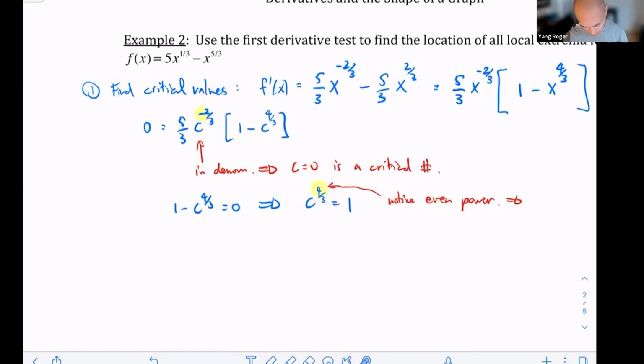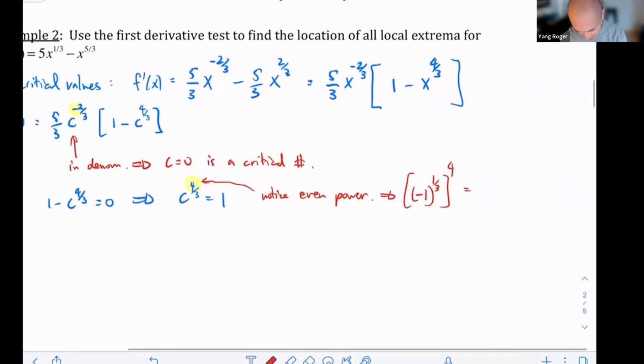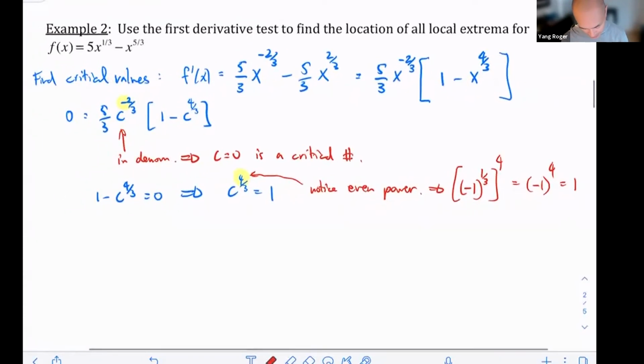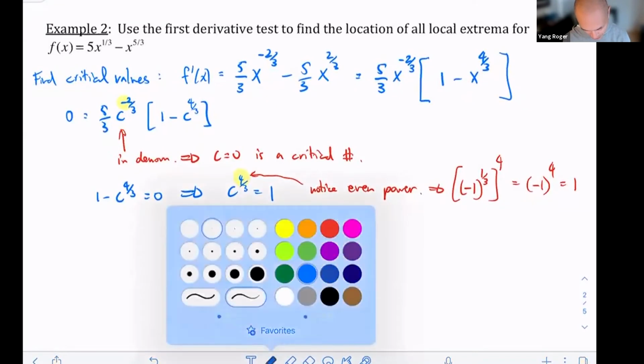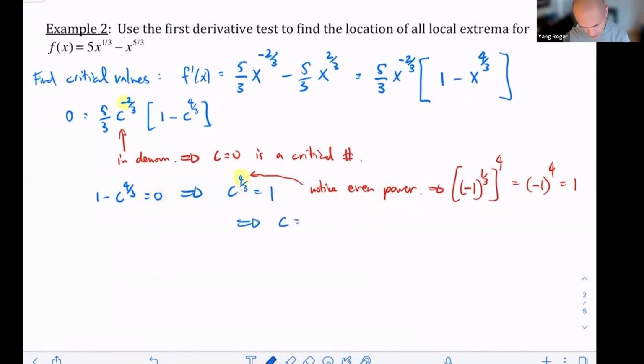If you did negative 1 to the 1/3 power, and then raised that to the 4th power, that's equal to negative 1 to the 4th power, which is still equal to 1. So from this equation, we get 2 critical values: c equal to negative 1 and c equal to 1. Really, we have 3 critical values: c equal to 0, c equal to negative 1 and c equal to 1.